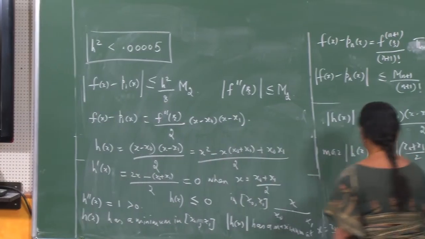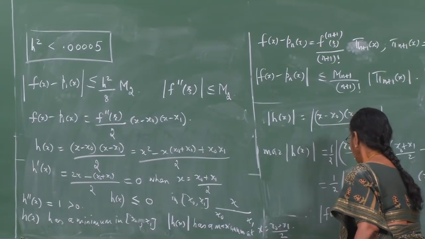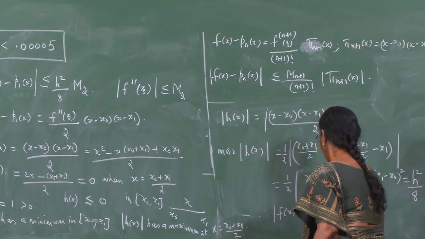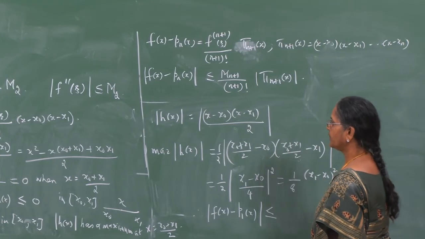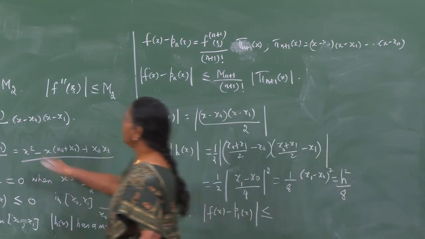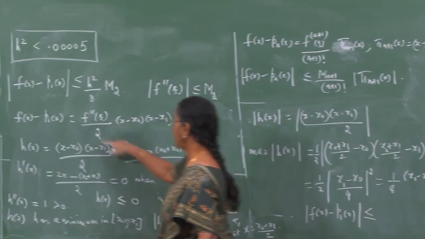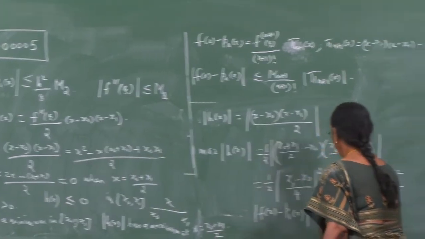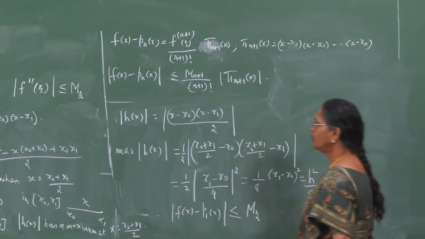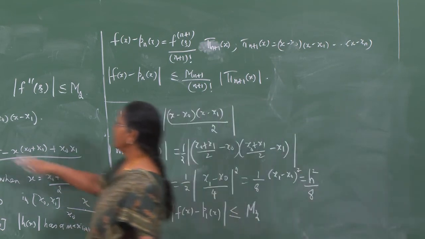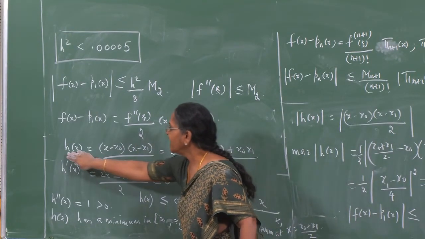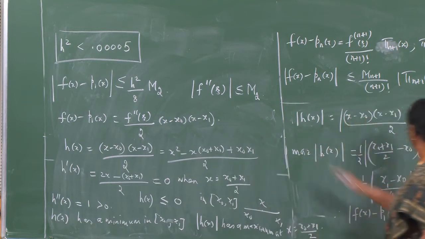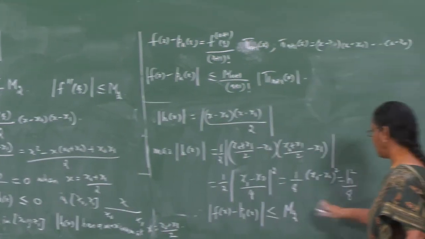So, therefore, modulus of f of x minus p1 of x is less than or equal to modulus of f double dash of psi, which I denote by m2, into the maximum of modulus of (x minus x naught) into (x minus x1) by 2, and that is what is h of x, and that has been computed to be h square by 8.